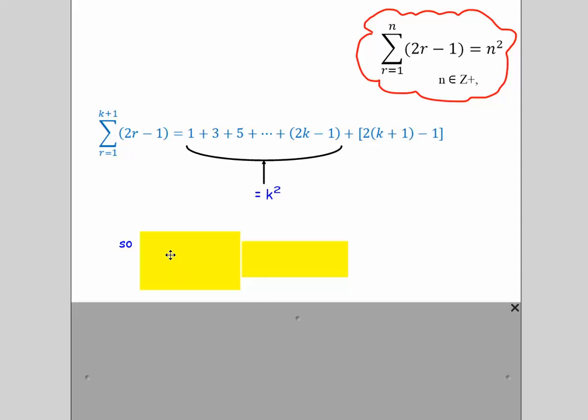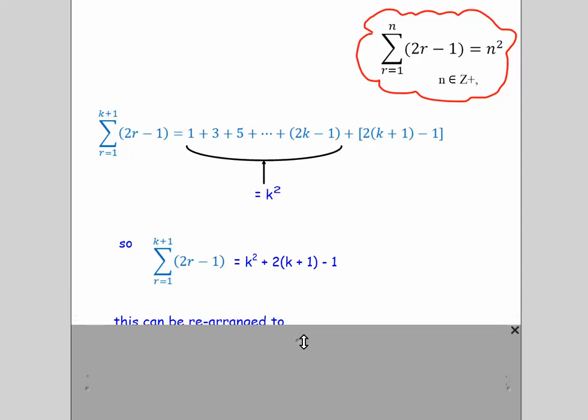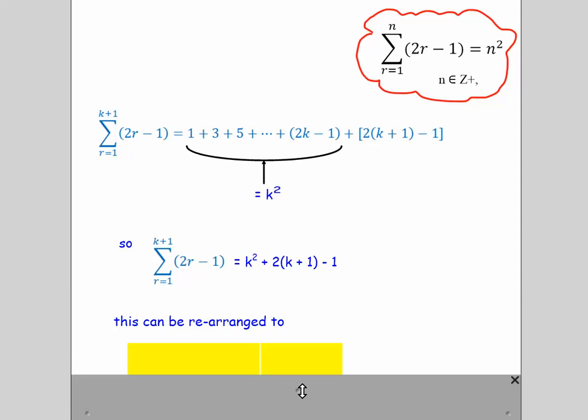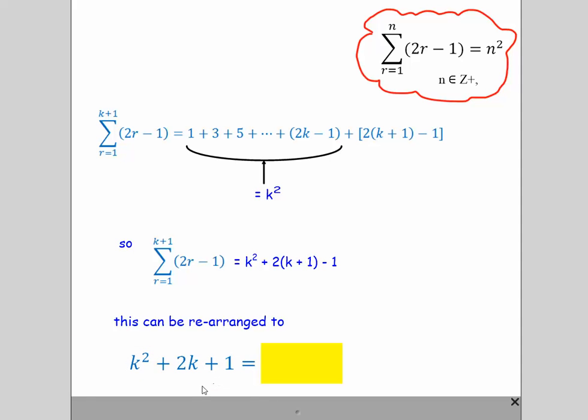So we've got the sum up to k plus 1 must be equal to k squared plus 2k plus 1 minus 1. Now simplifying that a little bit, we've got k squared plus 2k plus 1, and that can be simplified again to k plus 1 squared.